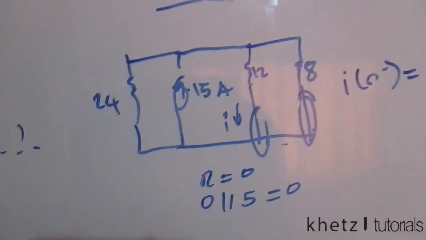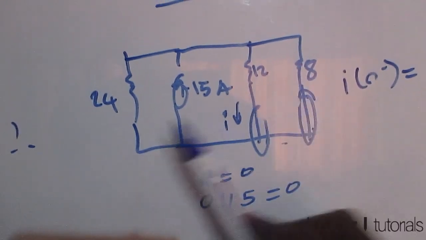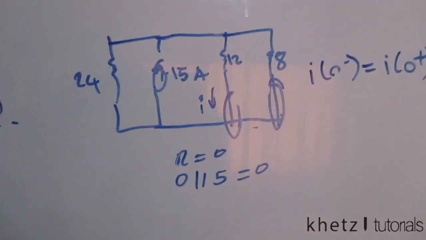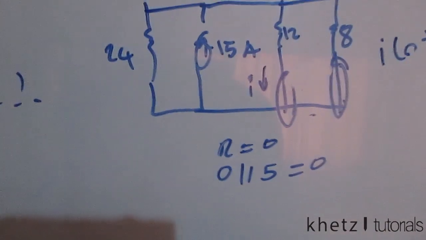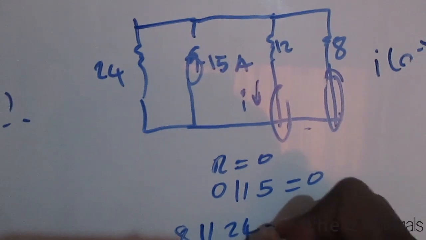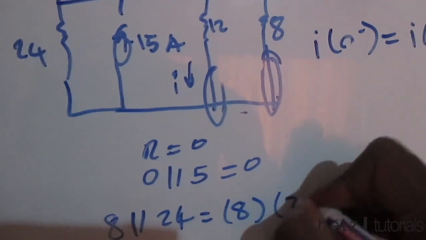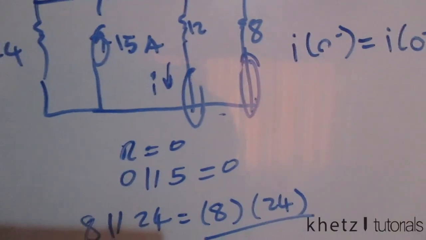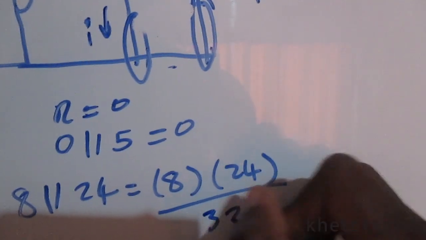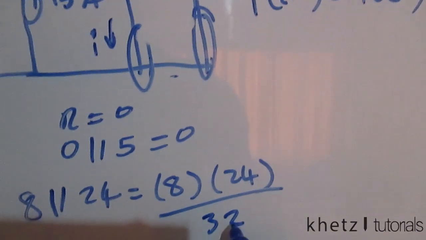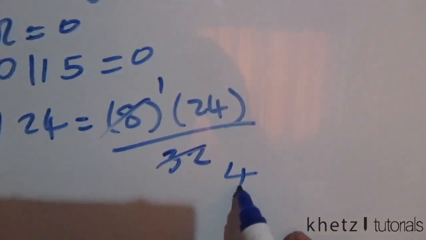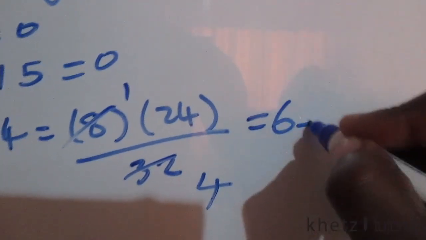We're going to combine 8 and 24 in parallel so that we can use the current division formula for 2 resistors. So 8 in parallel with 24 is 8 multiplied by 24 divided by 8 plus 24. 8 plus 24 is 32. Dividing 32 by 8 we have 4, and 4 into 24 is 6.